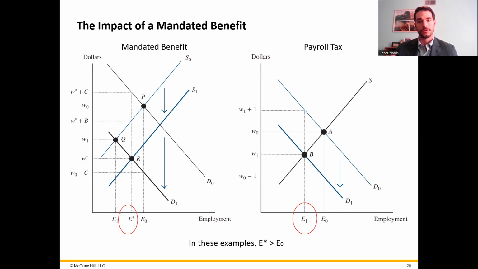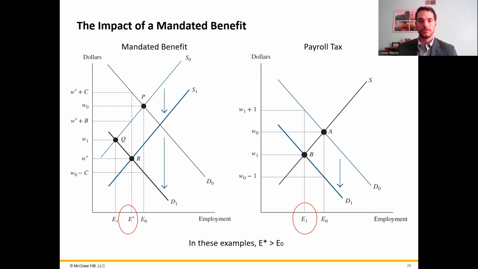There are instances where it's possible for the government and firms to both provide something. In this case, instead of the government providing it and funding it through a payroll tax, it'll be more efficient to mandate the benefit from the firms, so the firms are actually providing it.